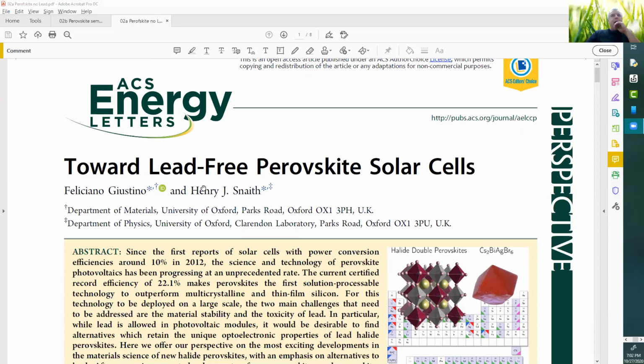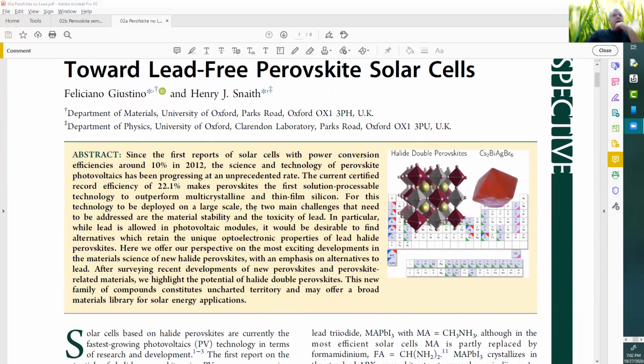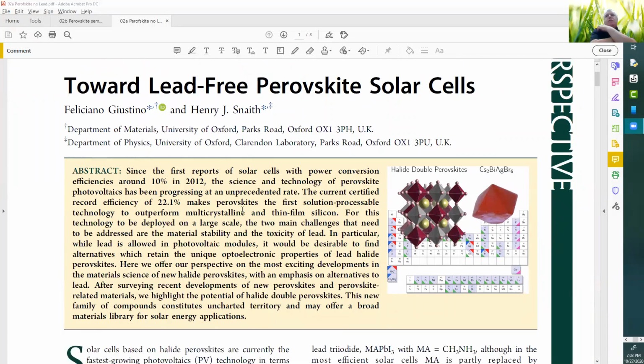But this is paper 2A by Justino and Snaith, these English fellas, and they're talking about lead-free perovskite, or toward lead-free perovskite solar cells.